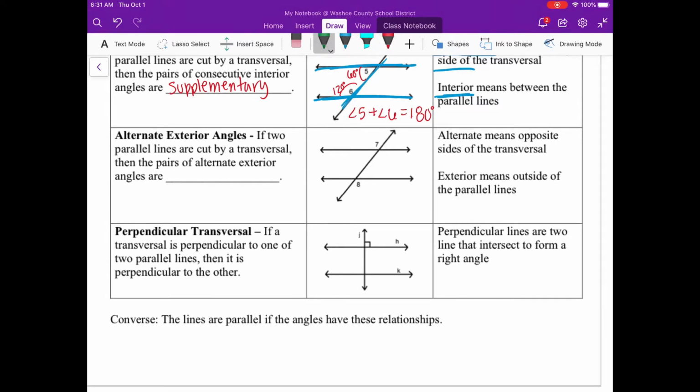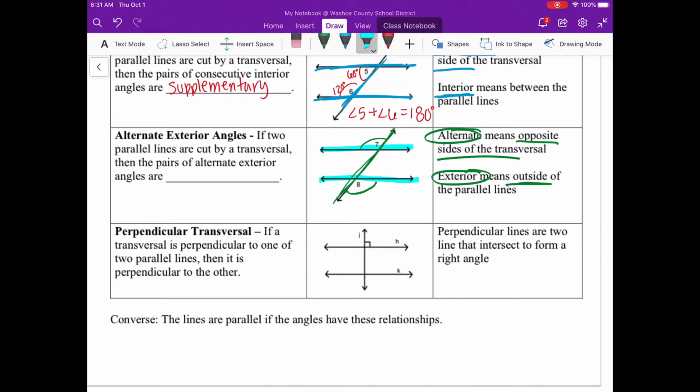Next, we have alternate exterior angles. So again, with that word alternate, anytime you see alternate, that means opposite sides of the transversal. So here's my transversal, and one of the angles is to the left, and one of the angles is to the right of that transversal. Alternate, that's what that means. One on the left, one on the right. And the word exterior means outside the parallel lines. So here are those parallel lines again.